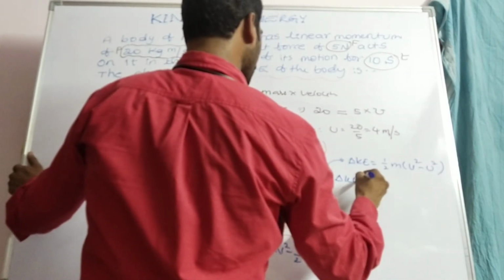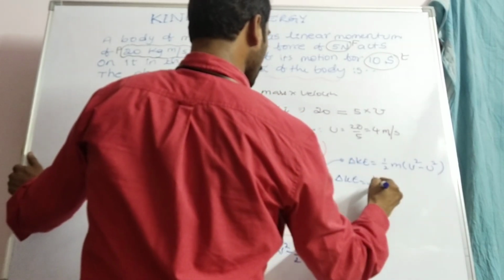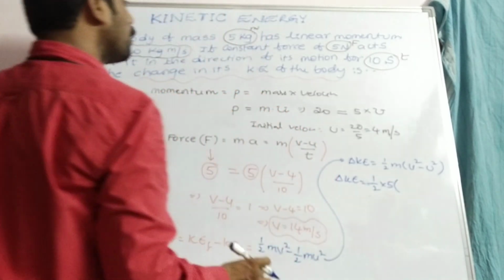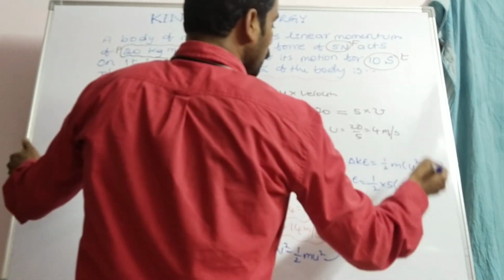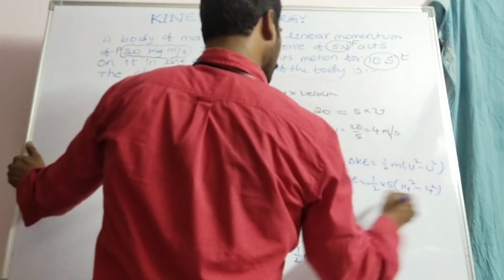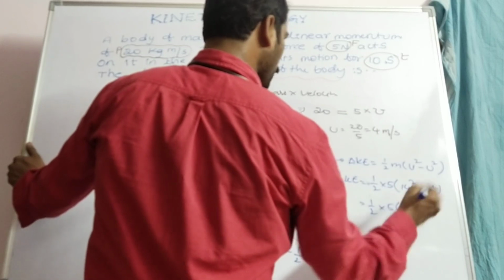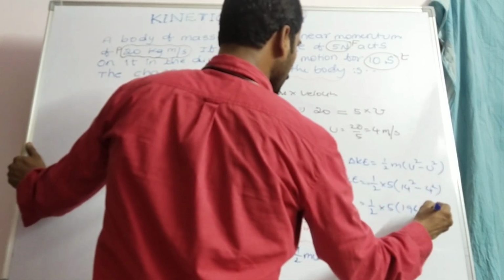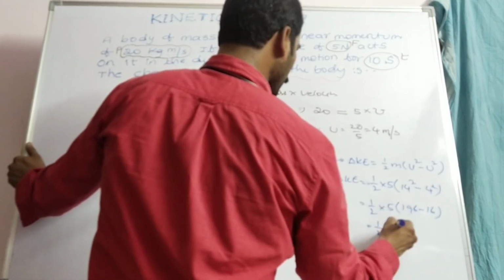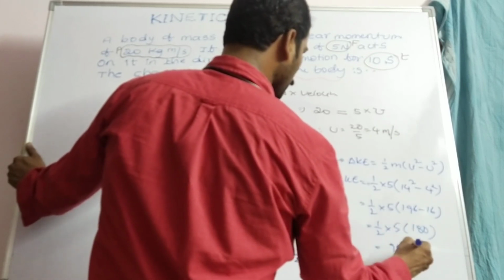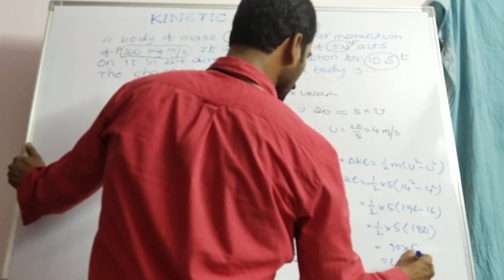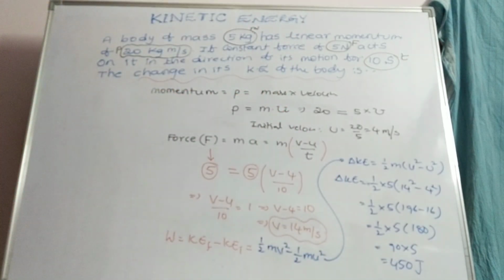That is half into 5 into 14 square minus 4 square, which is half into 5 into 196 minus 16, that is half into 5 into 180, that is 90 into 5, that is 450 joules. 450 joules is the answer for the change in kinetic energy.